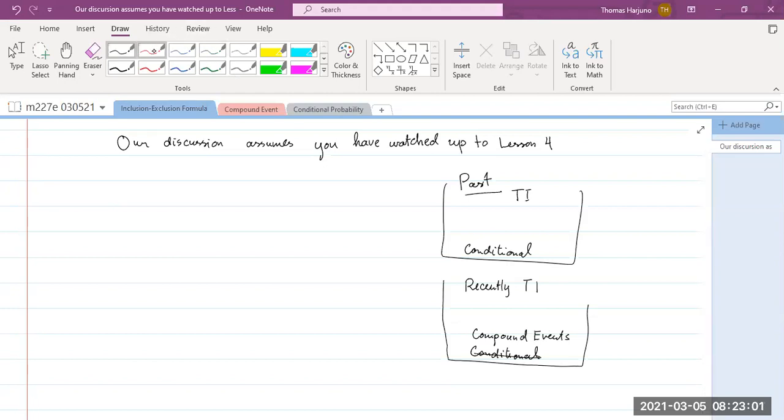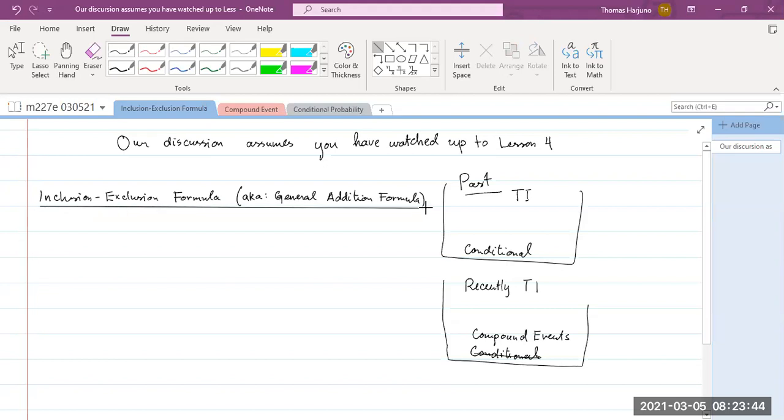Okay, now let's start with the inclusion-exclusion formula, which our textbook called the general addition formula.